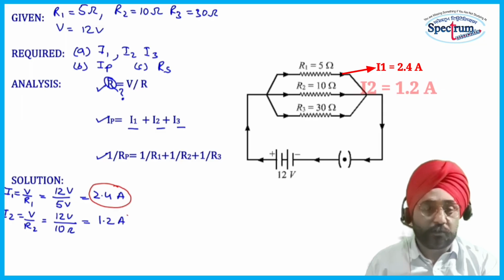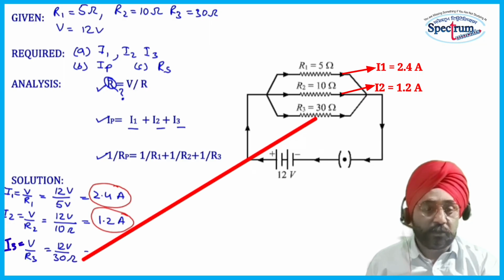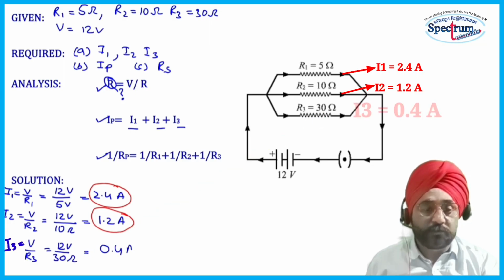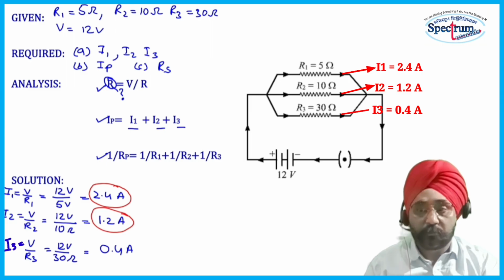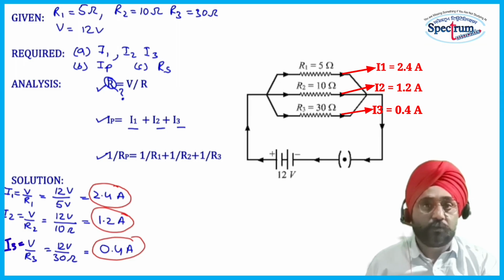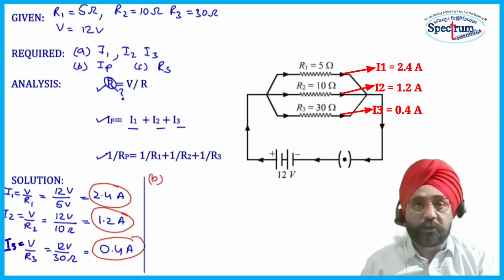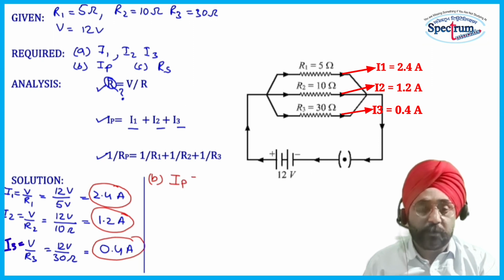I2 is 1.2 ampere. I3 is V upon R3, 12 volt over 30 ohm. This comes out to be 0.4 amperes. I3 is 0.4 amperes.